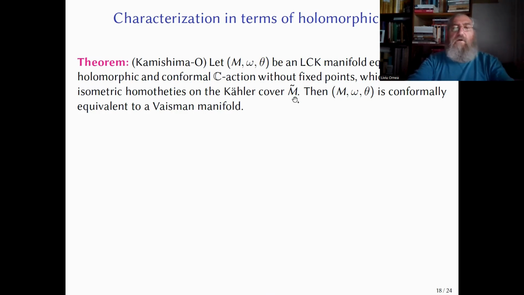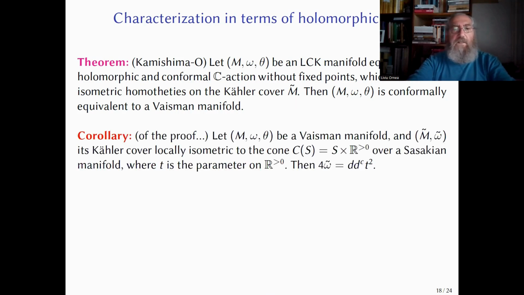As in the case of the Hopf, to mimic what happens in the Hopf, where the cover is an odd dimension sphere and R. And from the proof, you see that the coordinate on the line is exactly the potential. The square of the coordinate is the potential, which gives you the LCK structure.